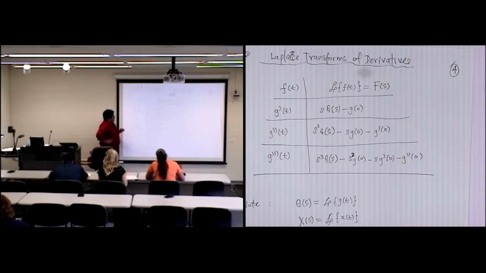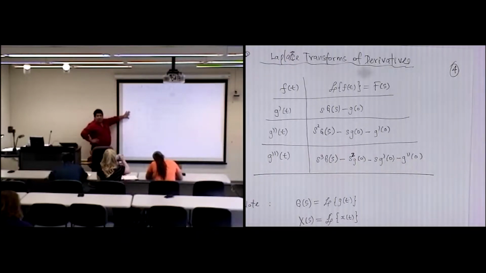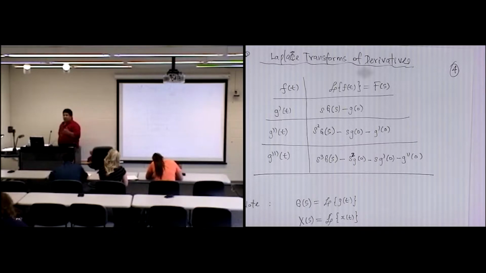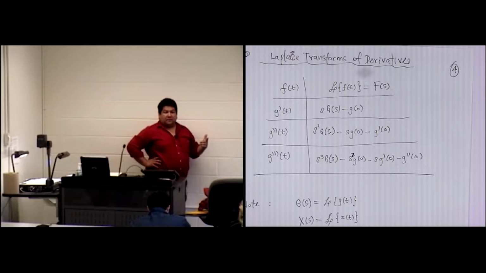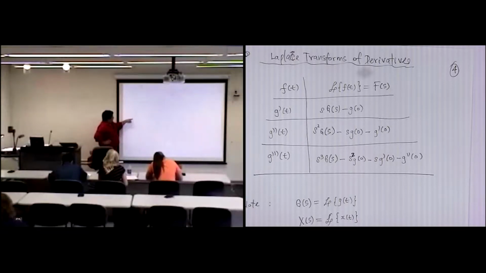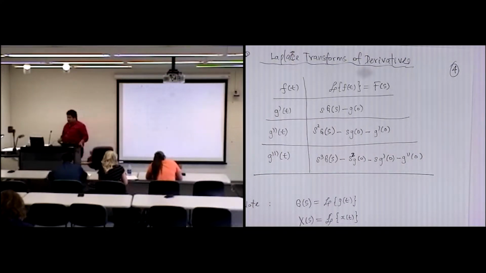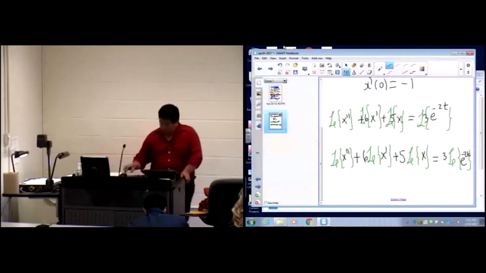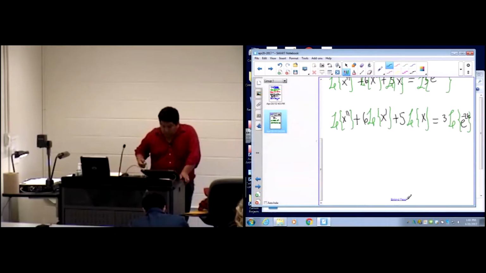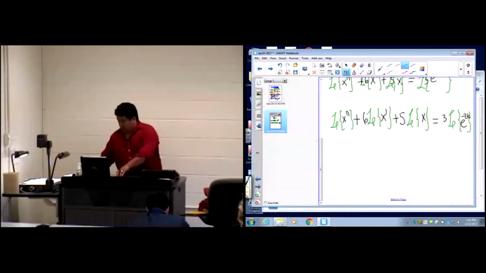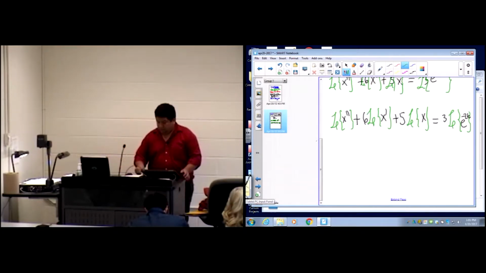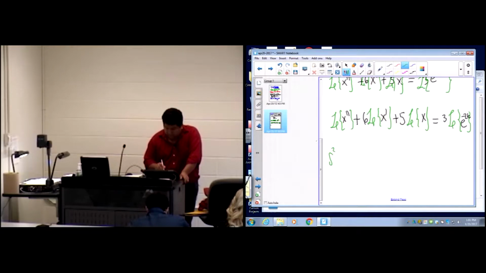Let's see, we end up here. The first term looks like s squared big X of s minus s little x of 0 minus little x prime of 0.